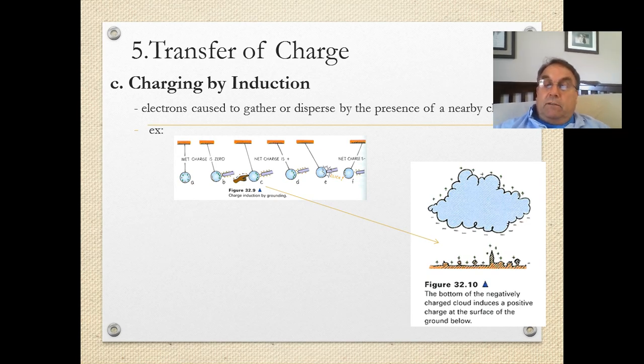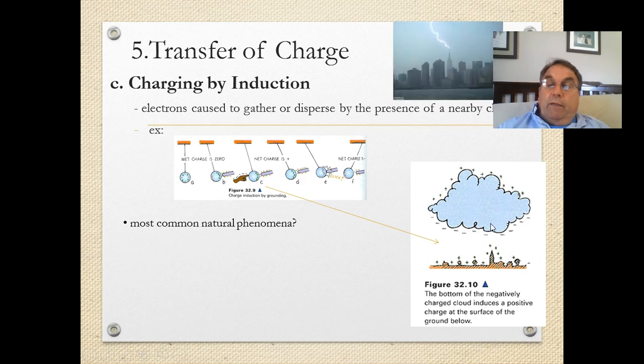So in essence, the ground is induced with electrical storms. The ground is induced to have a net positive charge, and the cloud is induced to have positive on the top of the cloud, negative on the bottom of the cloud. And if enough difference of electrical potential builds up, then you can get a discharge.